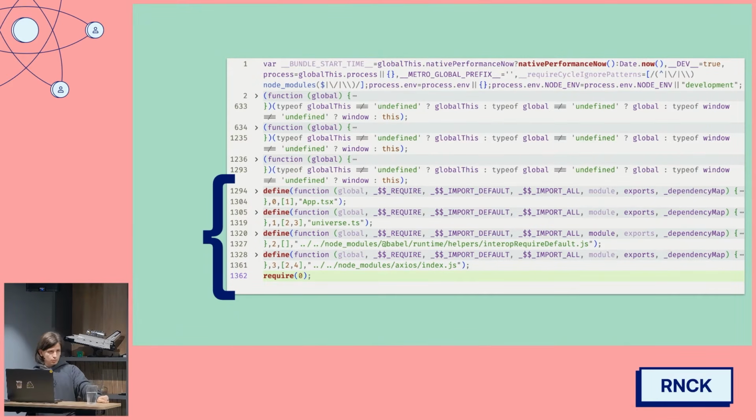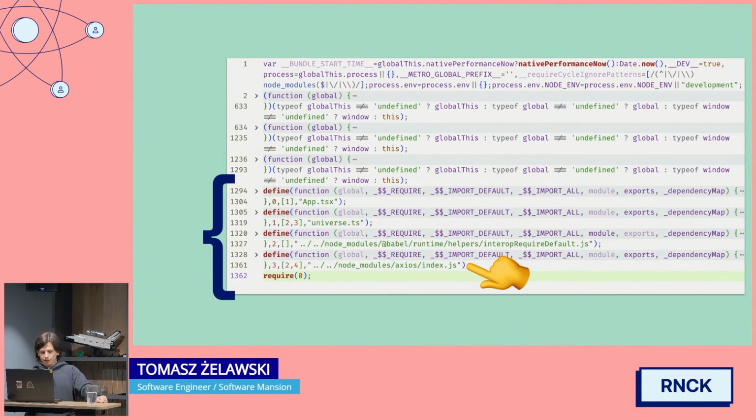And these are global functions, meaning that we can use them from any place in the code. And you might already know where we are going from here. So, yeah, the universe, and this is also the module for the Axios index file.